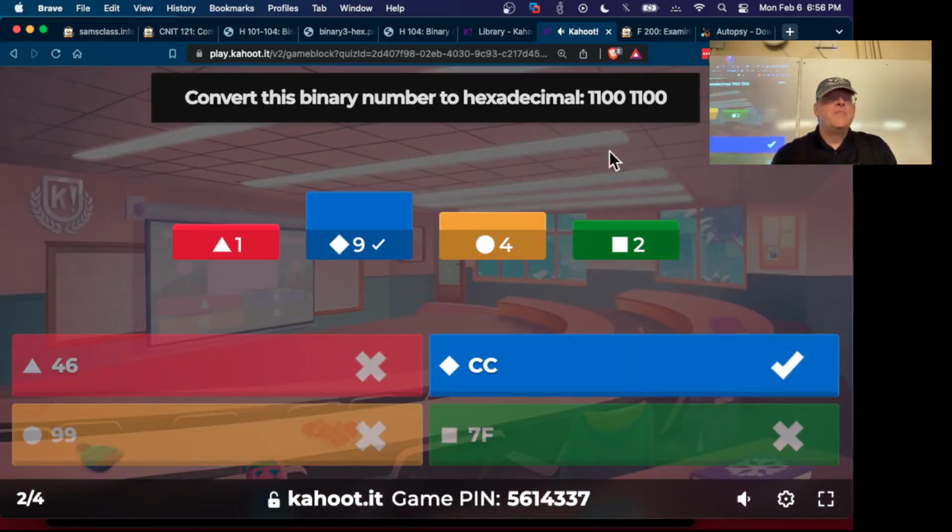That's CC. 1100 is no 1, no 2, a 4, and an 8, so that's 12. And 12 is C, because 10 is A, 11 is B, and 12 is C. So each one of these nibbles is C. CC is the answer.